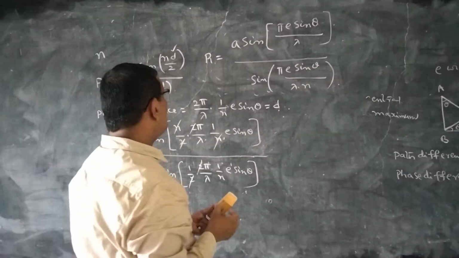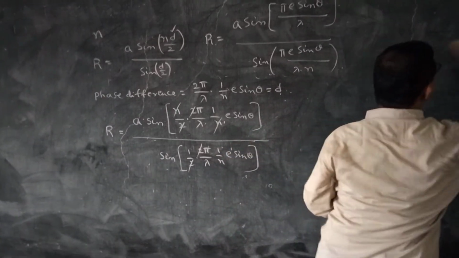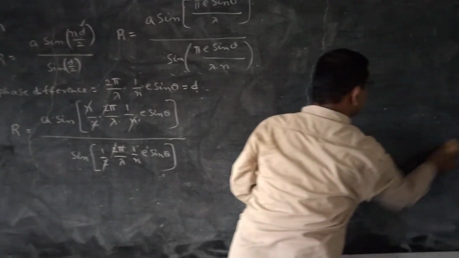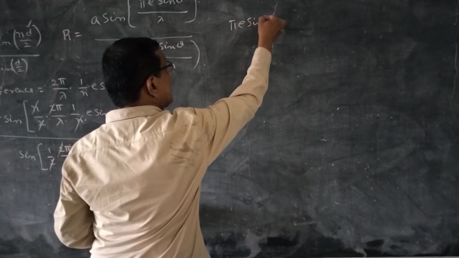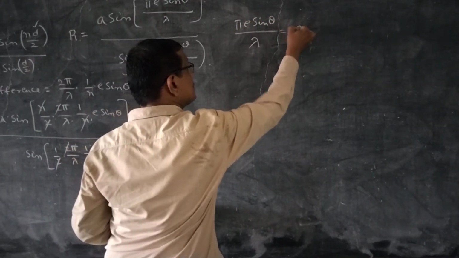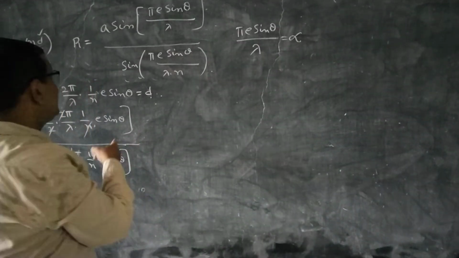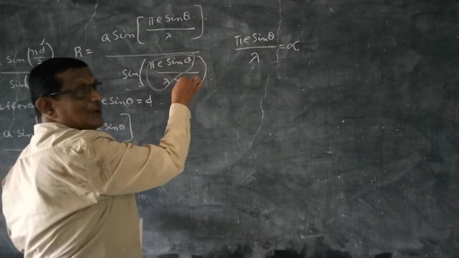Now suppose we take π e sin θ/λ equal to α. Then what happens to the denominator? It becomes π e sin θ/λ into 1/n.